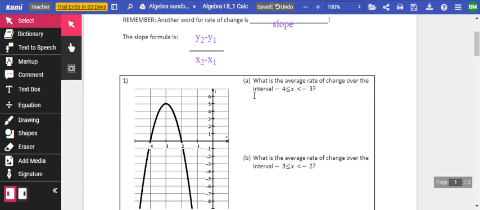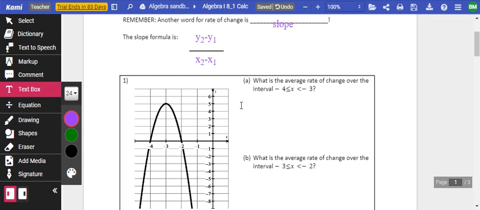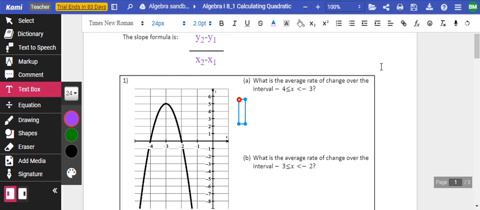Okay. So what is the average rate of change over the interval -4 to -3? We're literally looking at these points. So I'm looking up -4, and at -4, the point is 0. The y value is 0. So it's (-4, 0).